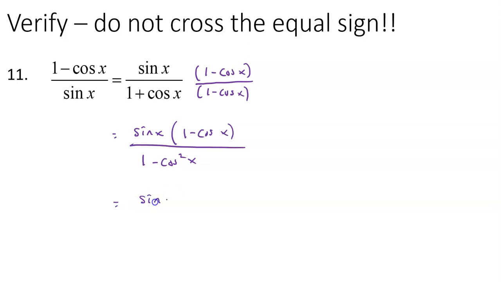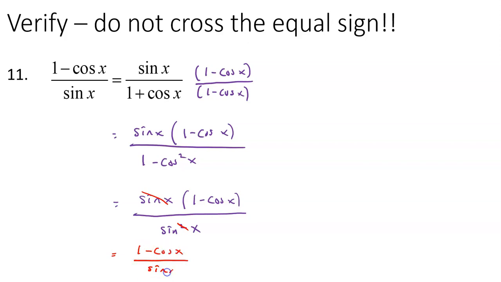So I get sine of x times 1 minus cosine x over, let's turn that 1 minus cosine squared into sine squared. And one of the sines will cancel top and bottom. So this sine here, one of those sines there, until I'm left with 1 minus cosine of x over the sine of x, and that's exactly what I have on the other side.